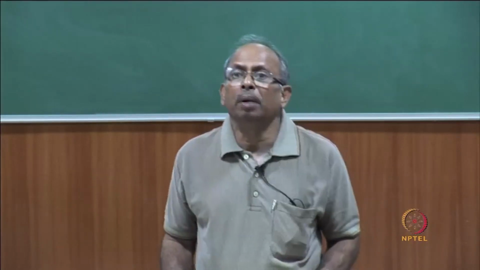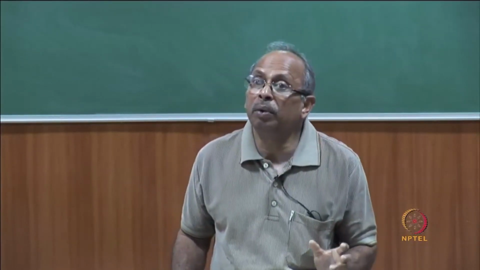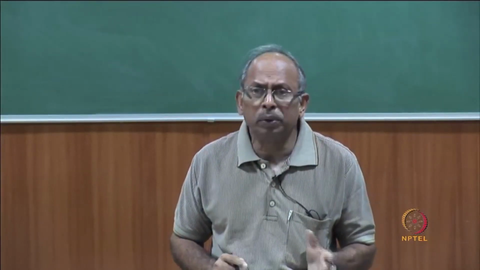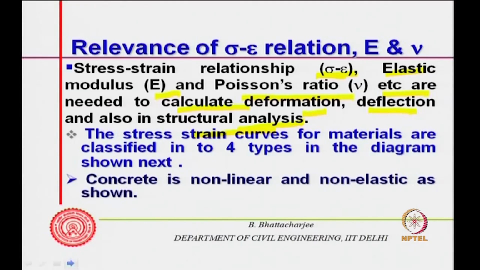Now, stress strain curves of materials we can classify into 4 types for all materials in general. Of course, we have left out elastomers, but typically these are the 4. We will see that concrete is nonlinear and inelastic or non-elastic.